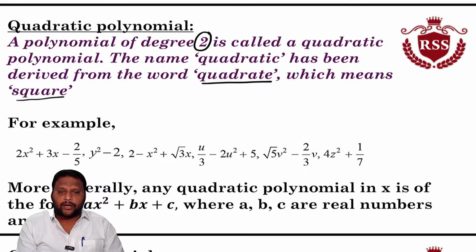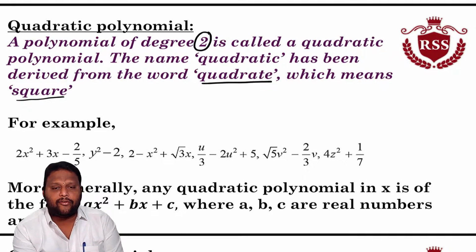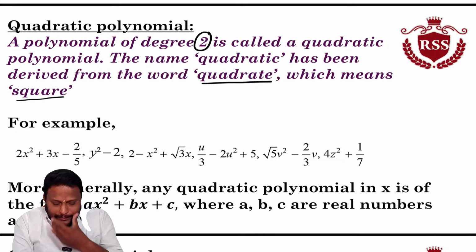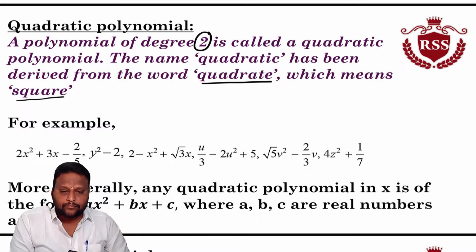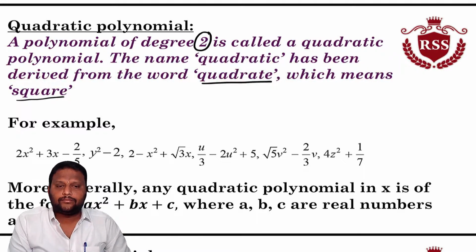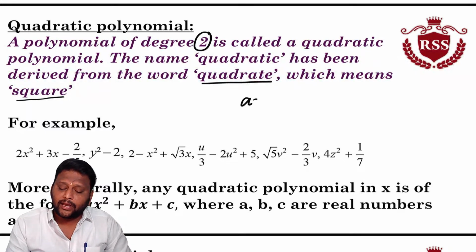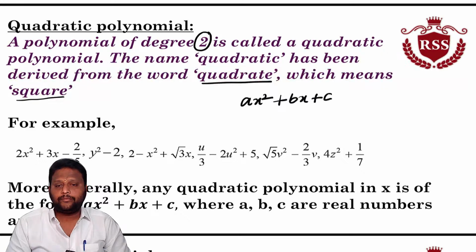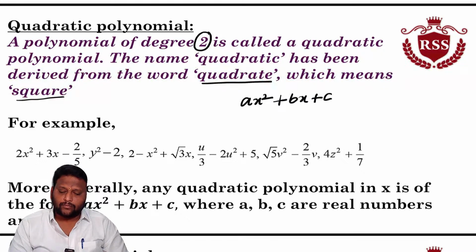The general form of a quadratic polynomial is ax square plus bx plus c, where a, b, c are constants or real numbers.